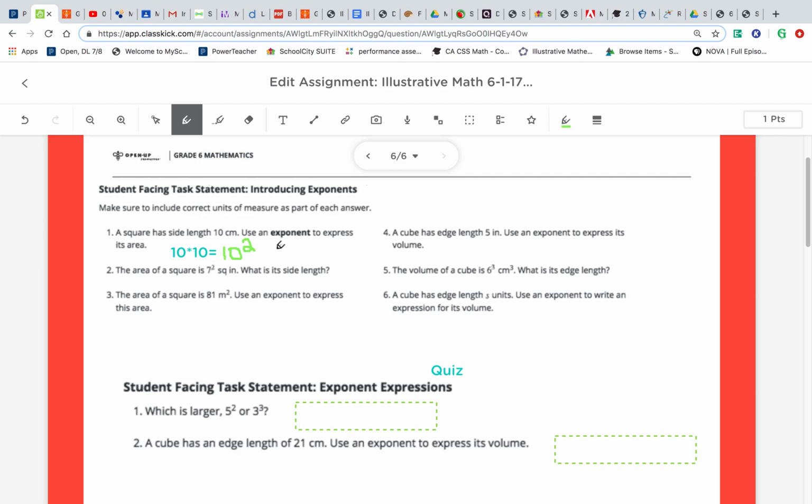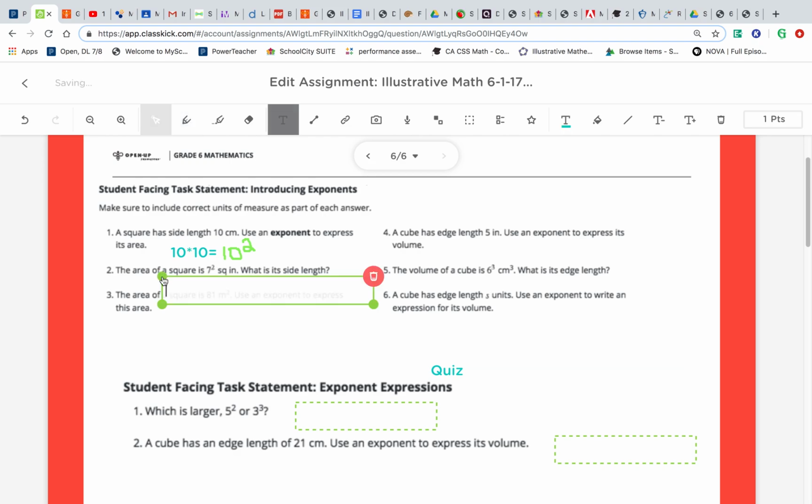All right. For number 2, it says the area of a square is 7 squared. So what is its side length? Well, let's look back to what we had up here. We had 10 squared, right? That was 10 times 10. So 7 squared is going to be 7 times 7. It's a square, so the sides have to be the same.